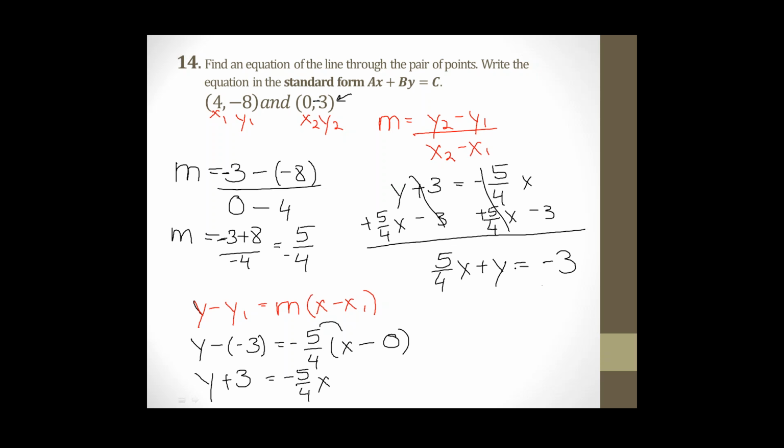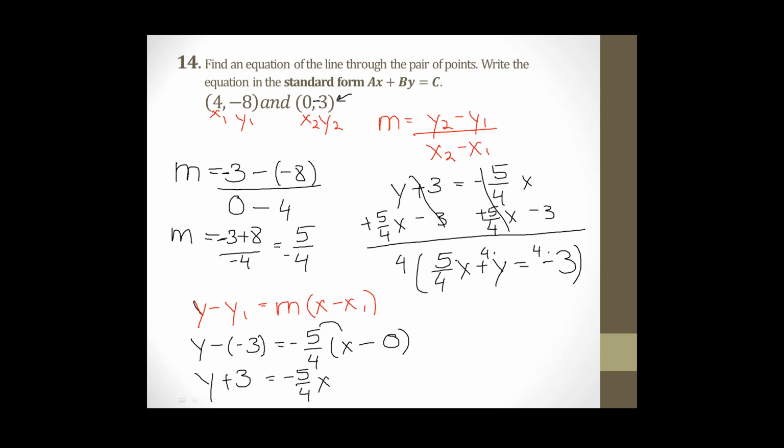You might not find your answer in the packet yet, because usually in standard form they do not like fractions, and the method of getting rid of the fractions is by multiplying through by the denominator, or least common denominator, but in this case I only have one, so I have to multiply each term by 4. Each term right here and right here.